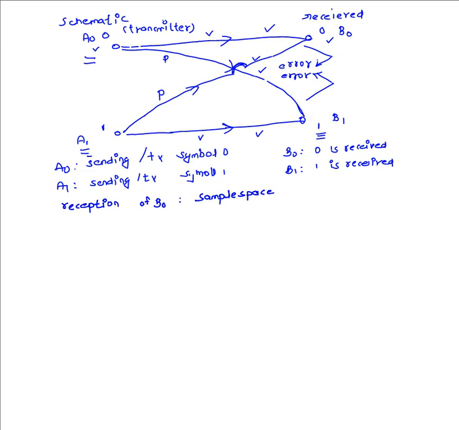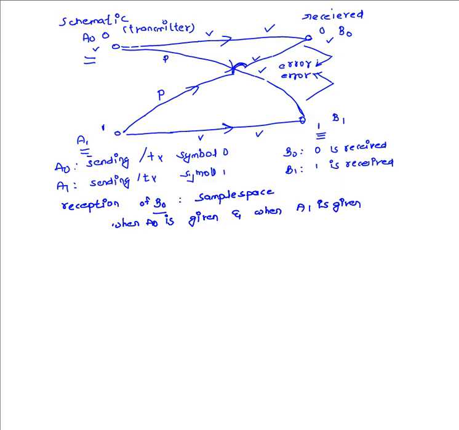Now reception of B0 can happen in two ways: when A0 is given, and when A1 is given.